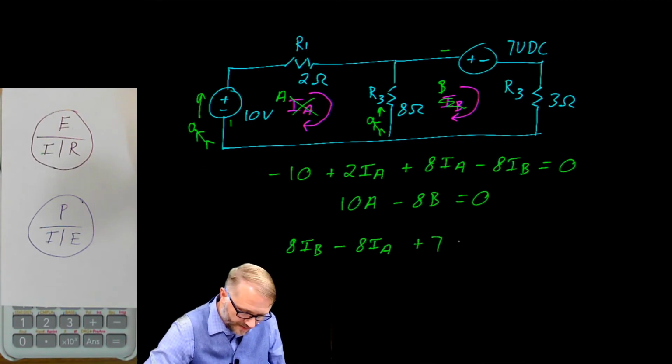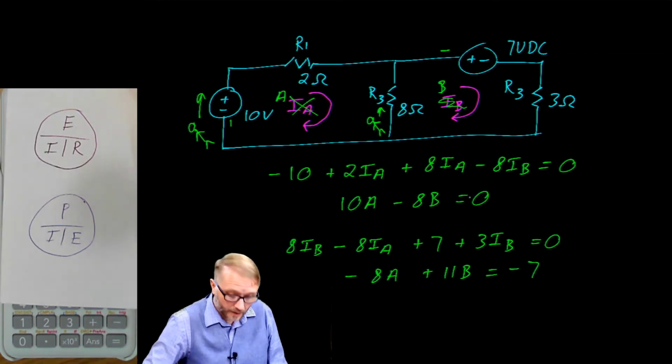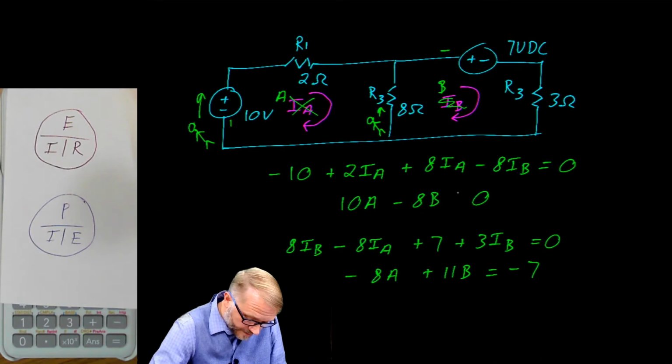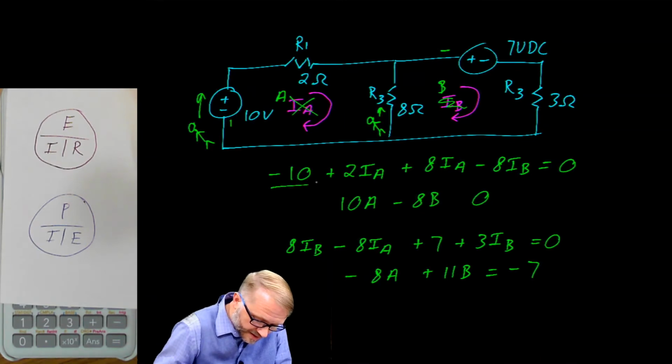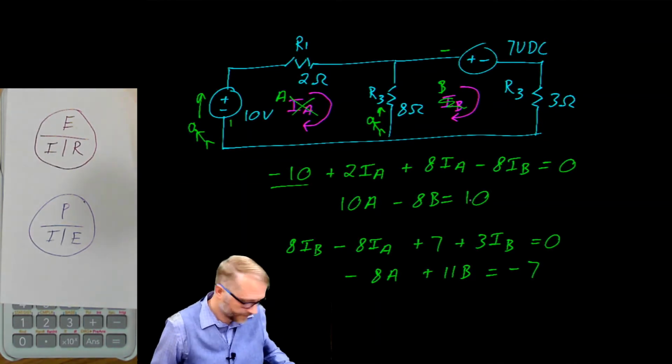So that's plus 7 plus 3 current B is equal to 0. If we solve for that, we end up with 8A plus 11B is equal to negative 7. Uh-oh, we almost made a mistake here. If it's negative 10 on this side, it better cross over to the other side as positive 10.